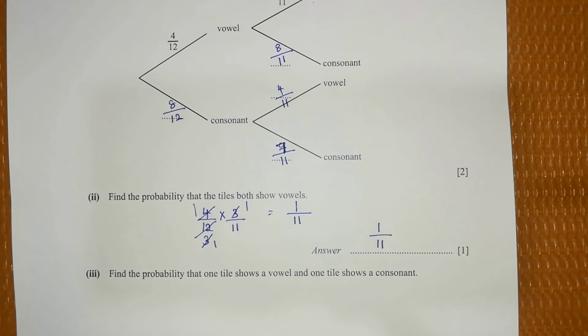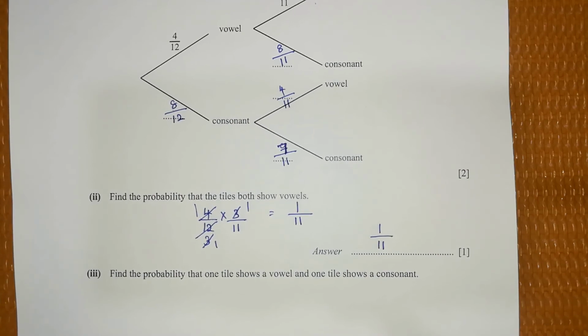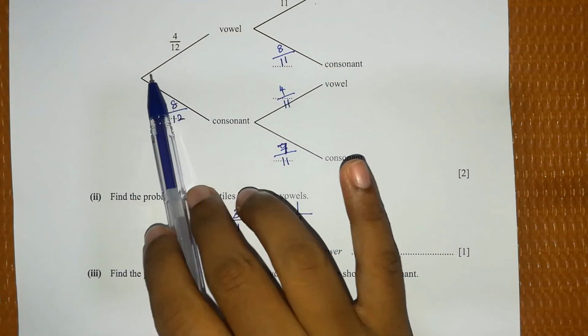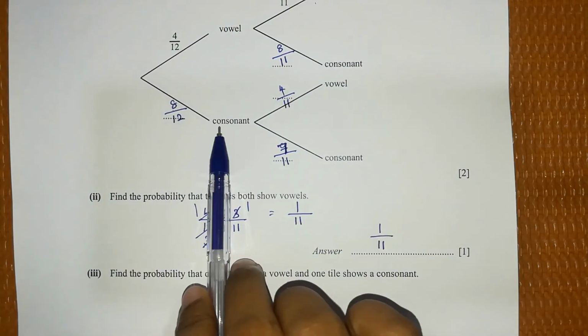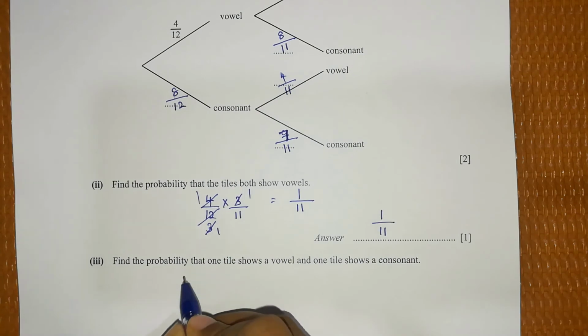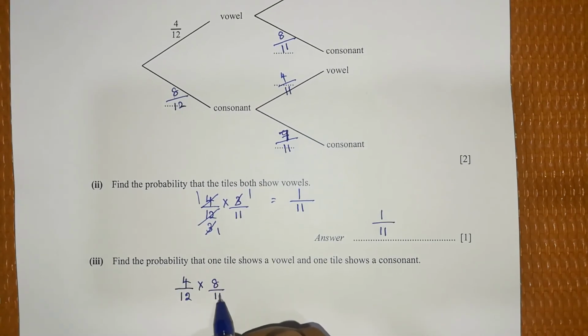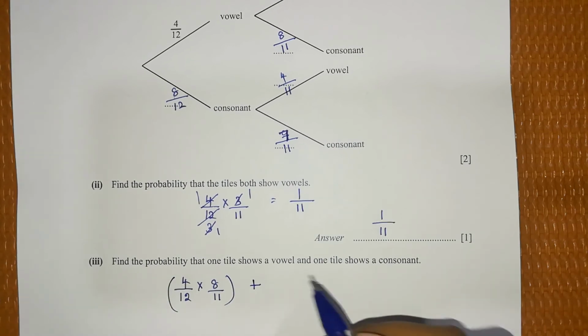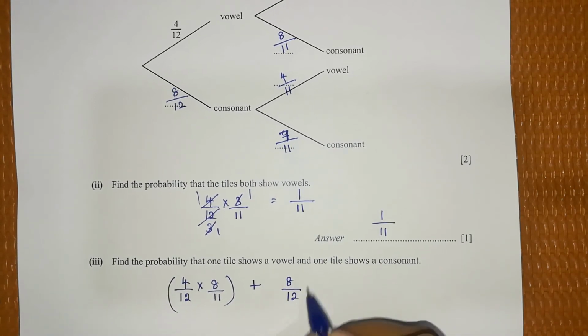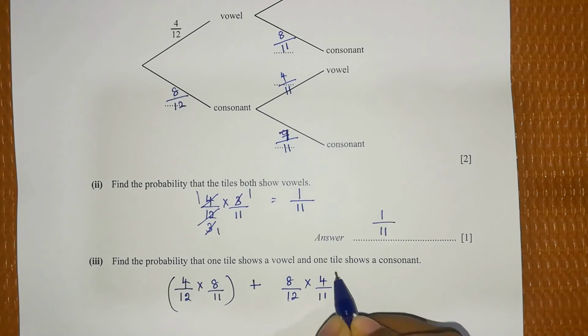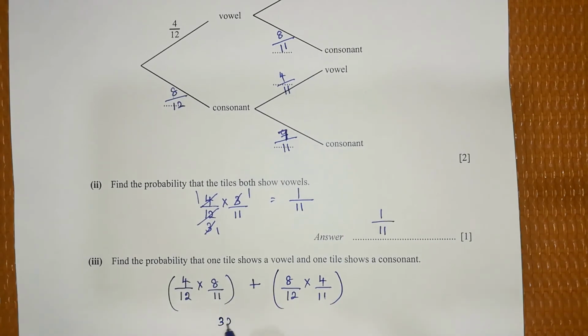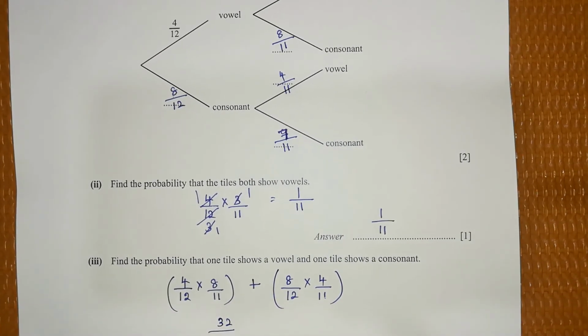Part 3. Find the probability that one tile shows a vowel and one tile shows a consonant. So that is vowel, consonant or consonant, vowel. So there are 2 possibilities: 4 out of 12 into 8 out of 11 plus 8 out of 12 into 4 out of 11. That is 32 upon 132.